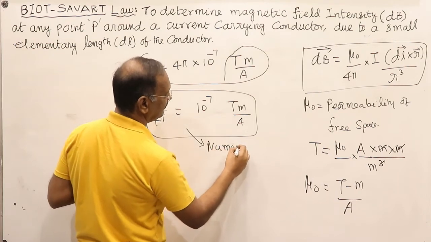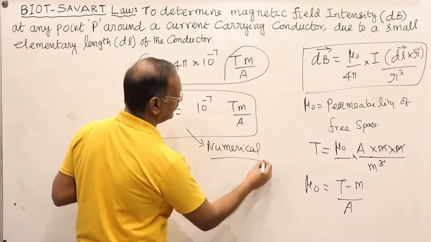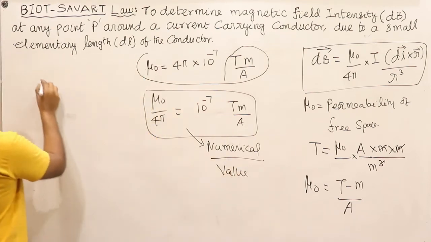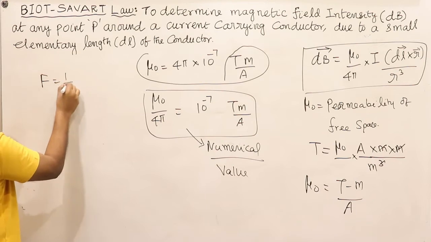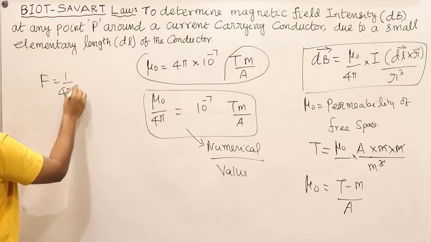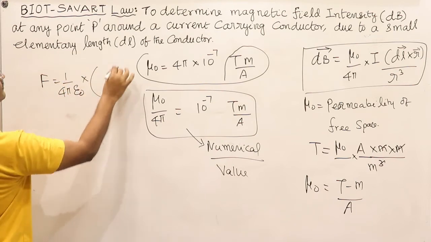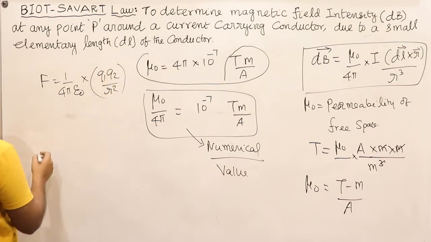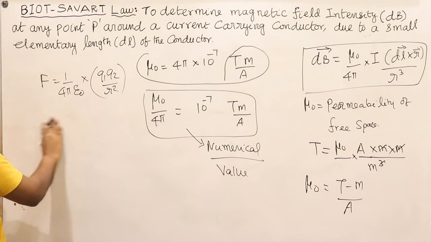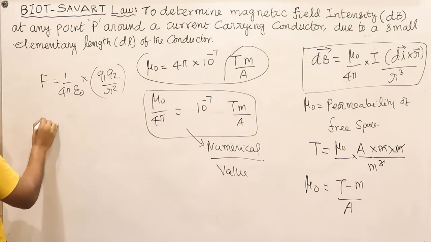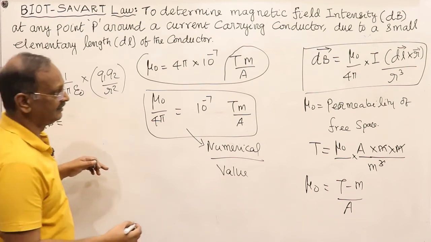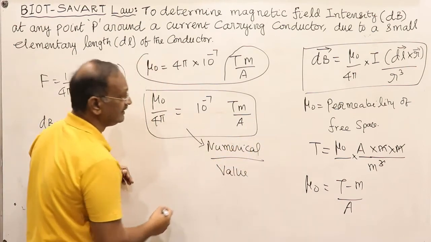We should be able to recognize the numerical value. See, in Coulomb's law, force is equal to 1 by 4 pi epsilon naught into Q1 Q2 divided by distance square. So here, magnetic field, how will we find out the entire magnetic field?